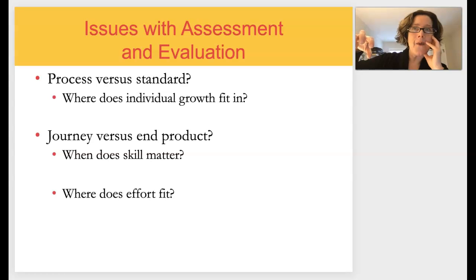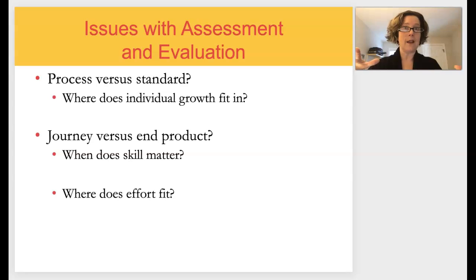And how can we honor that every child's journey will look different from everybody else's? So again, if at the end of the unit we have a unit test with 50 multiple choice for our grade 6s, is that really honoring the journey?